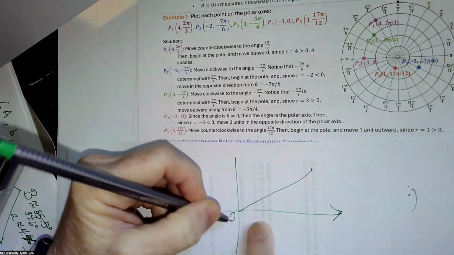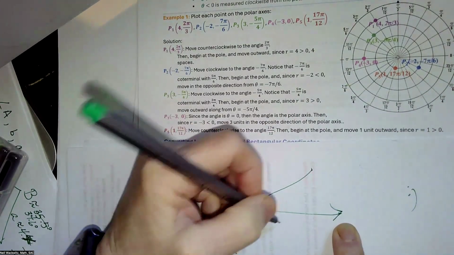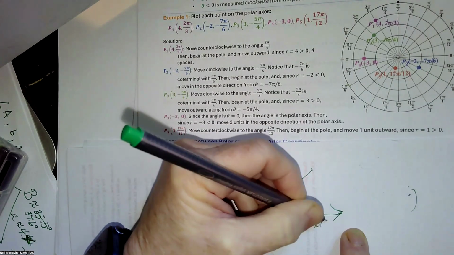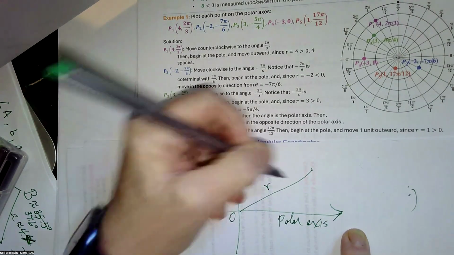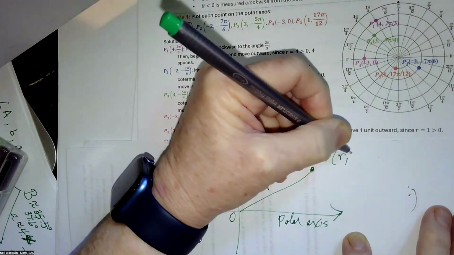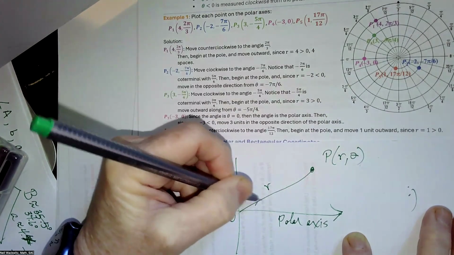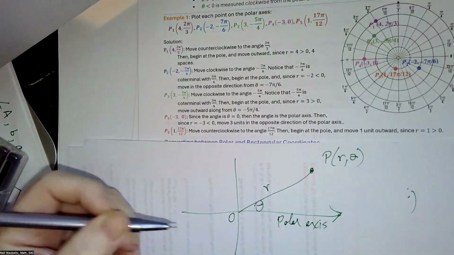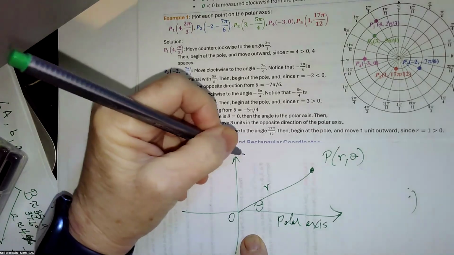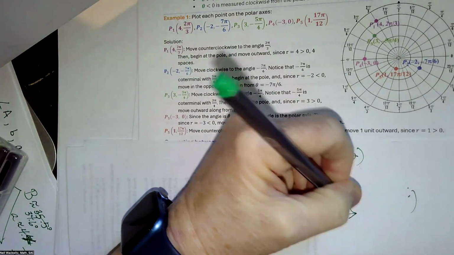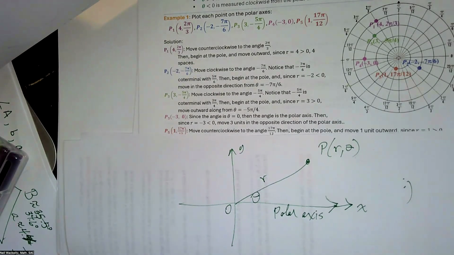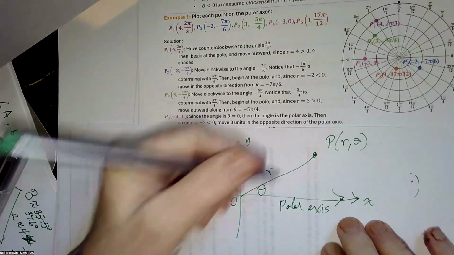So here's the pole, here's the polar axis, little r, there's our point, P, r theta. But I know that I can slap on X and Y axes on top of this.